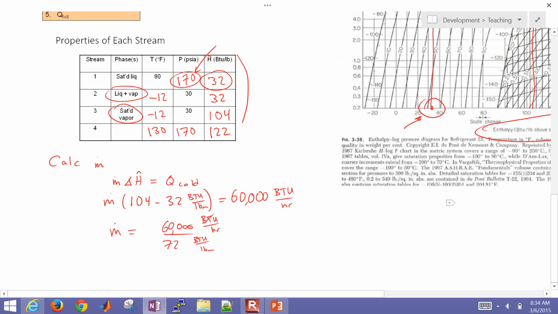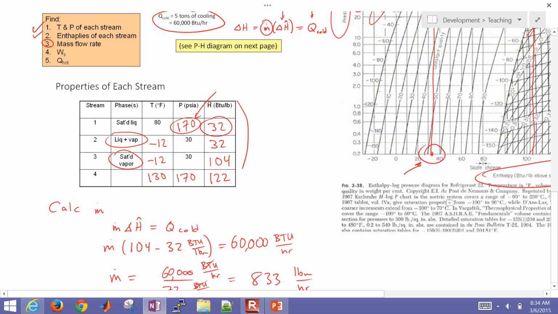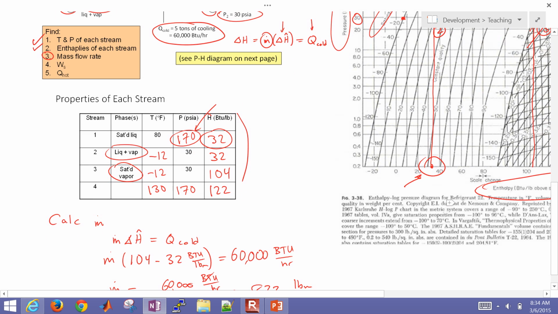And so BTUs are going to cancel, and that's going to be pound mass over hour, and that's going to be 833 pound mass per hour. Okay, so that's the flow rate of this R22 coolant as it circulates around in order to be able to get that much cooling. That's how much you have to boil per hour in the evaporator.